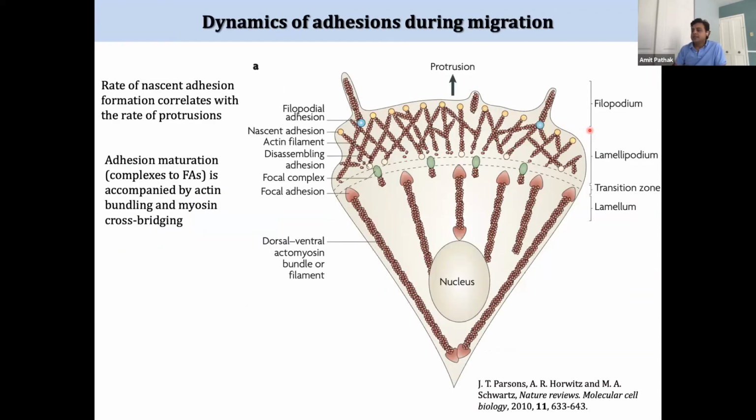Moving forward, now this is if a cell is migrating on a given ECM, not a soft or a stiff ECM, just any given surface. Now within the cell, there are gradients of forces available. In the front of the cell, these are protrusions. Like I was talking about earlier, there's a lot of actin filament formation and depolymerization going on at the front, so very high velocities of actin.